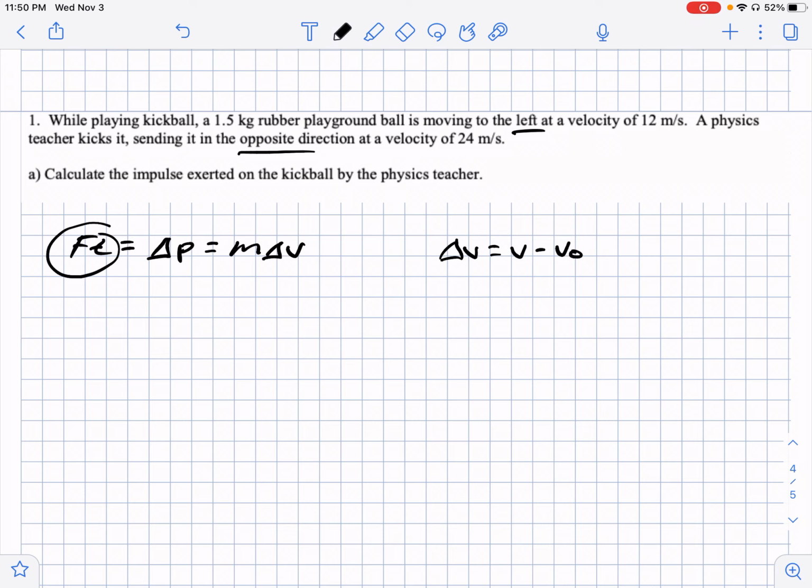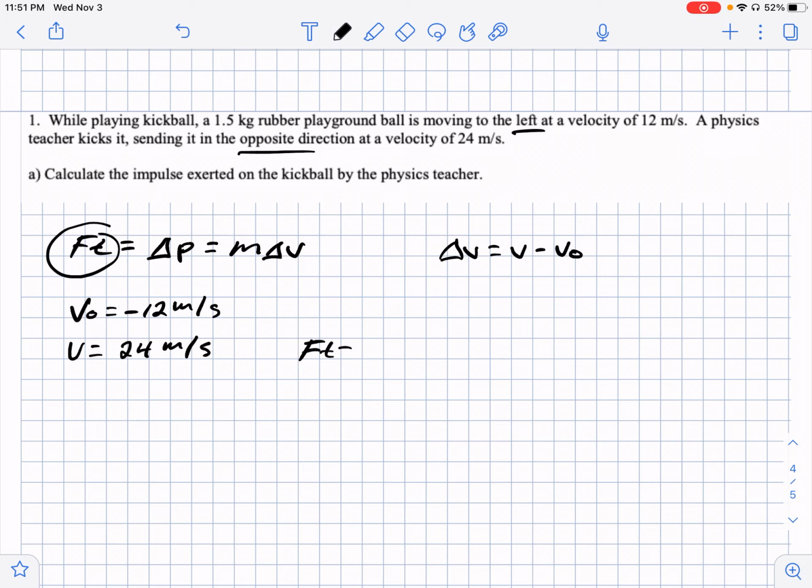And for this problem, it started out going to the left, so we'll call left negative. So your initial velocity is equal to negative 12 meters per second. And the physics teacher hit it in the opposite direction, so that means the final velocity is going to be 24 meters per second.